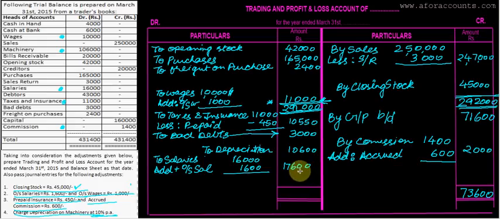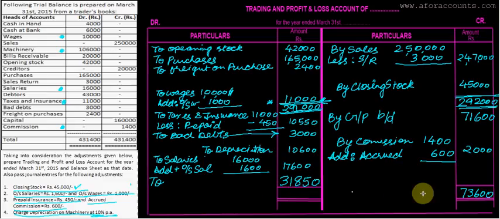Then what else do I have? 10,550. Then I have 3,000, and then I have 10,600. If I subtract this, what do I get? I actually get 31,850.